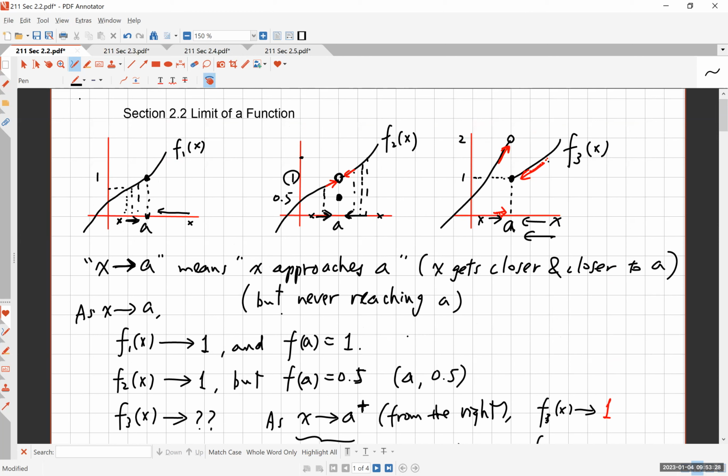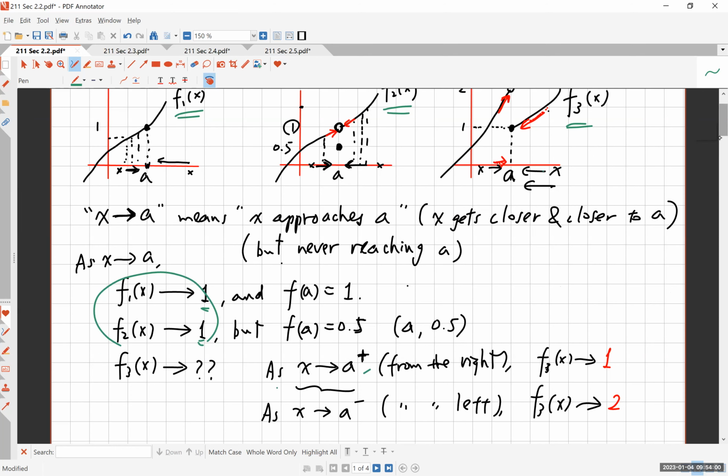Okay, now I have 3 pictures here. And here's the important thing. For these 2, regardless of whether you have a hole or not, you can see that f1 and f2 are both approaching 1 from both directions, right? And in these cases, 1 is called the limit. And for this, because the left-hand limit and the right-hand limit are different, we cannot say that the limit exists for f3 at that point a.